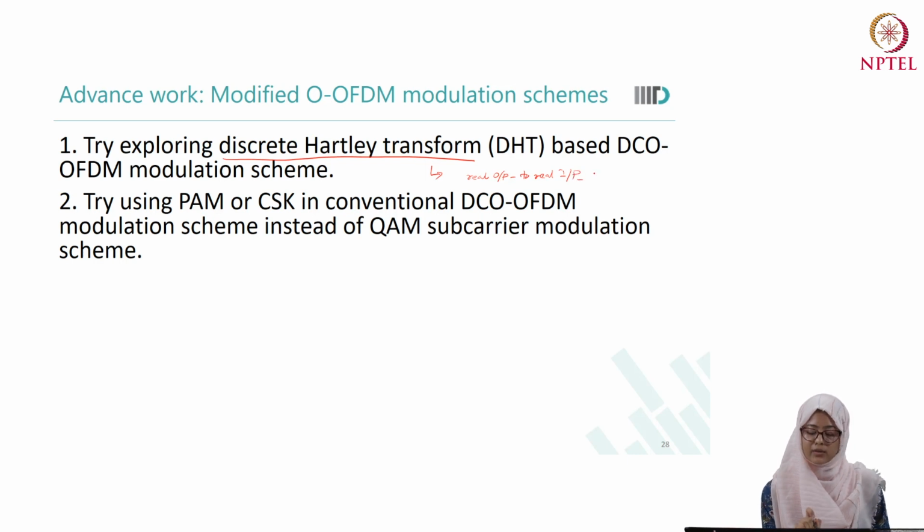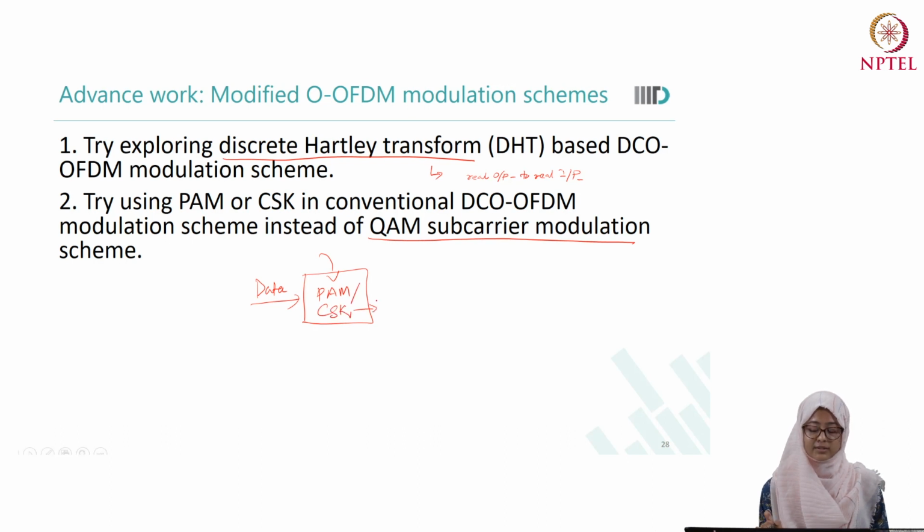Second, you can try using pulse amplitude modulation or color shift keying in conventional DCO-OFDM instead of the QAM subcarrier modulation scheme. If you remember the block diagram, there was QAM modulation at the starting data, then you do the subcarrier modulation, that is QAM modulation. In that you can try to do PAM or CSK.